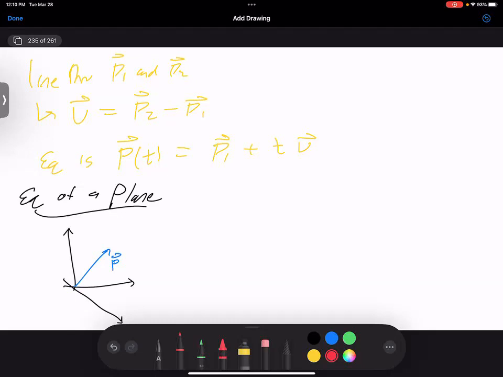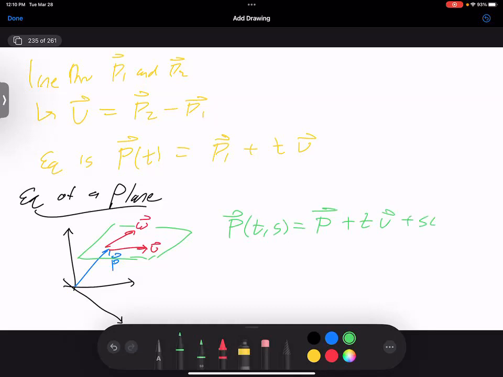What's the plane going to be? 2. So maybe I give you 2 vectors, V and W, and I look at the plane going through P with these as my 2 directions. Now I'll have 2 parameters, t and s, and my point would be the base point P plus t times V plus s times W.